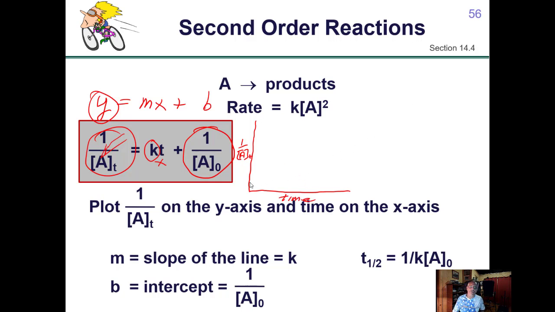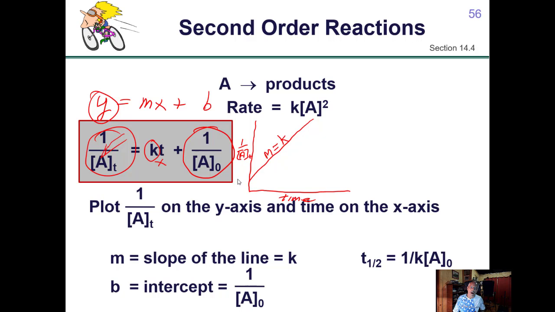If we graph this, we're going to get a straight line with a positive slope, and the slope is actually equal to the rate constant in this particular case, as opposed to a first order integrated rate law, which will give us a straight line with a negative slope. So in this case, the slope is equal to the rate constant k.